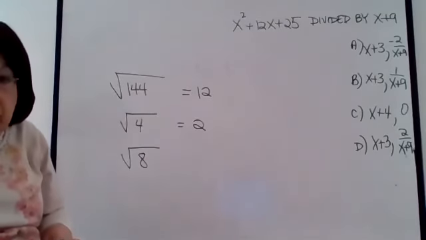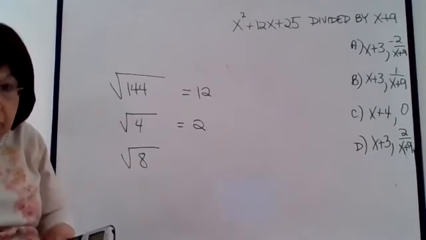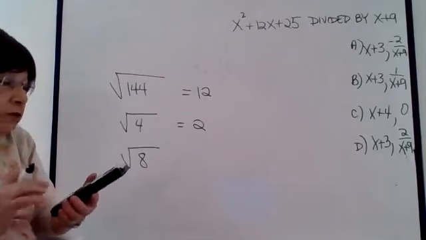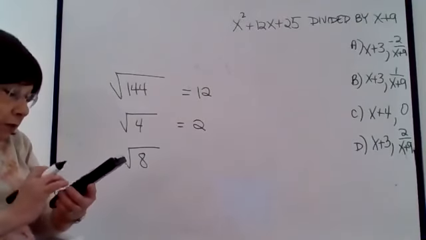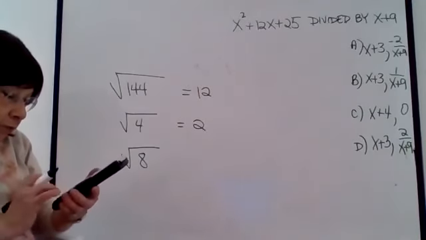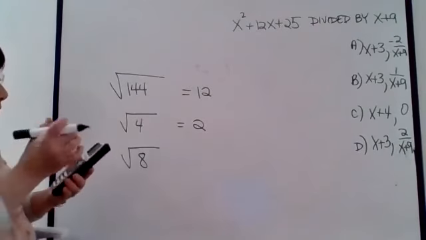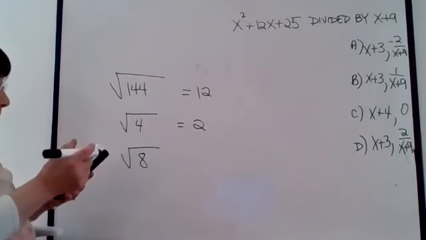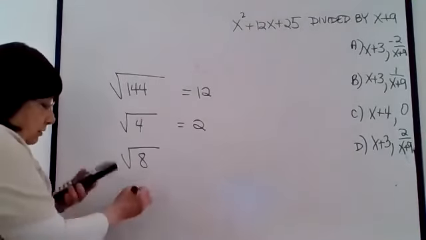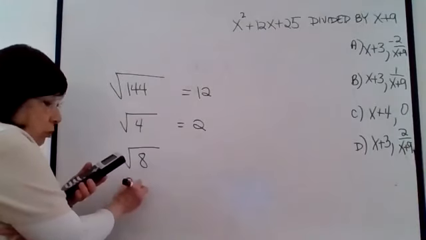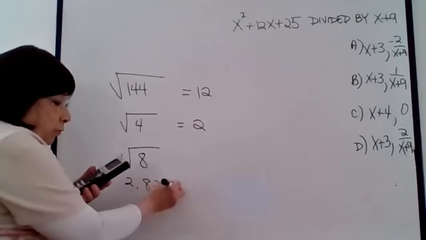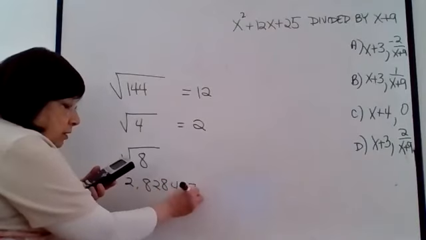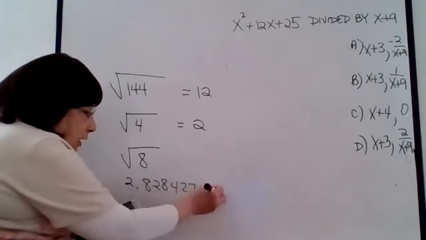Now, there are 2 things I could do with something like the square root of 8. One thing is to go to my calculator and do the square root of 8. If I do it on my calculator, I get something that looks like this: 2.828427125.